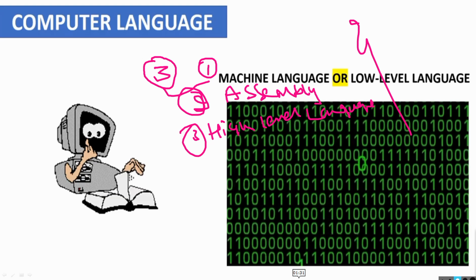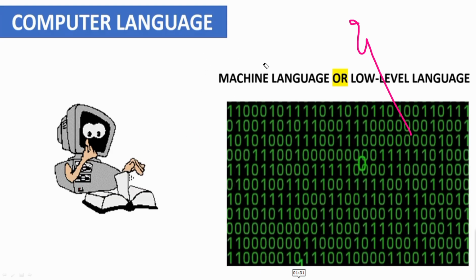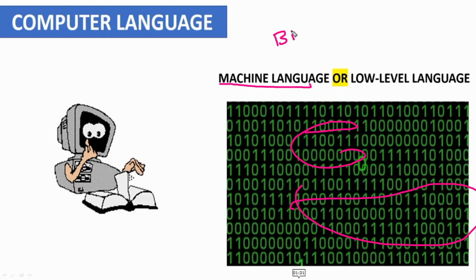In that, first one is machine language. What is machine language? Here you can see the picture. You can see only zeros and ones in this picture. It means under machine language, they use binary digits to give the information or instructions to the computers.